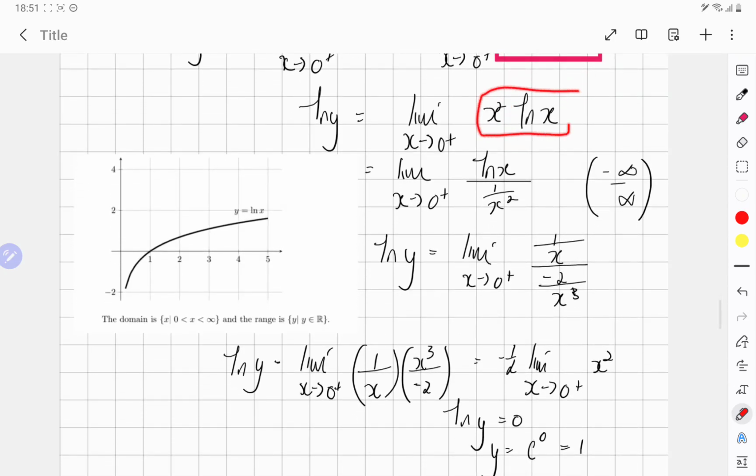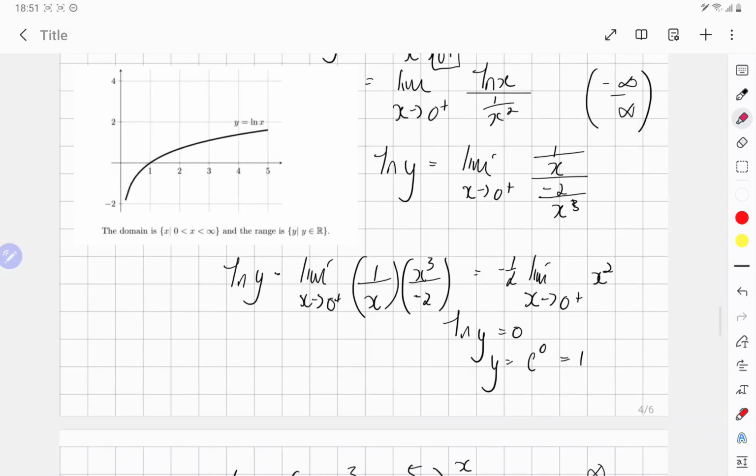Now, what did I say in the previous video? Because x squared is approaching 0, ln x as x is approaching 0 from the right is negative infinity. Let's just recap that. There is my ln graph that will continue indefinitely, and here towards negative infinity.